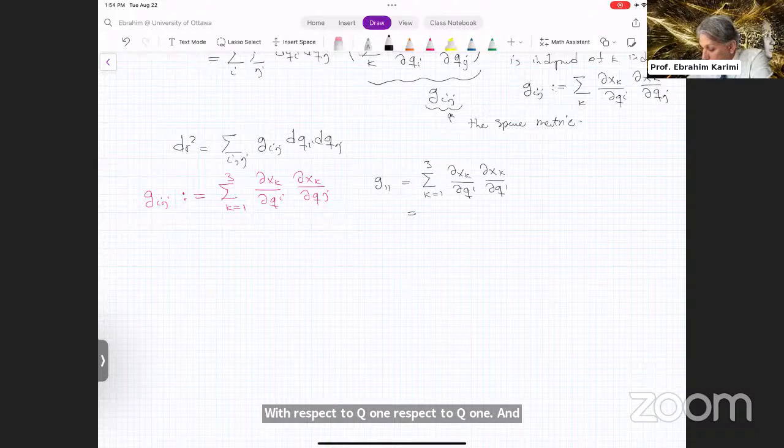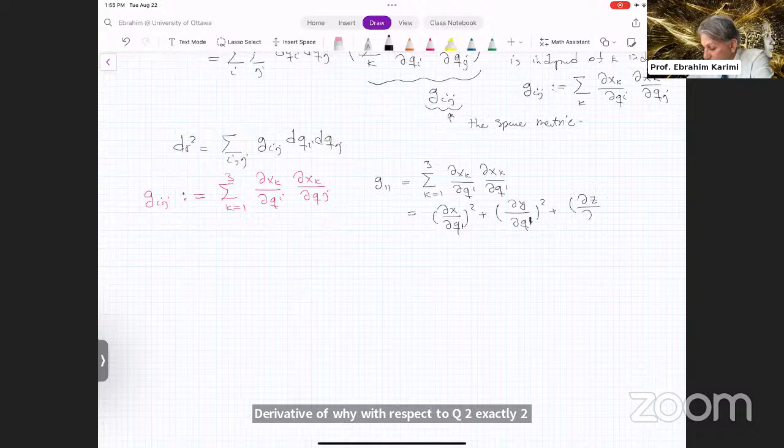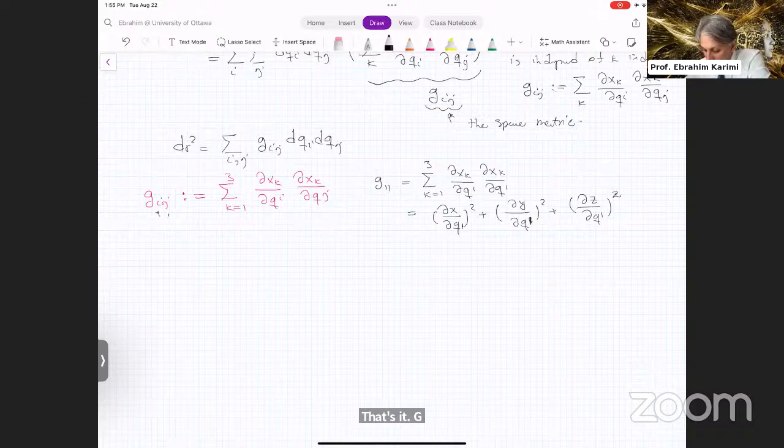That is nothing more than the derivative of x with respect to q1 squared, plus the derivative of y with respect to q1 squared, plus the derivative of z with respect to q1 squared. That's G11. As we say, i and j change from 1 to 3, so indeed the metric has 3 by 3 components.